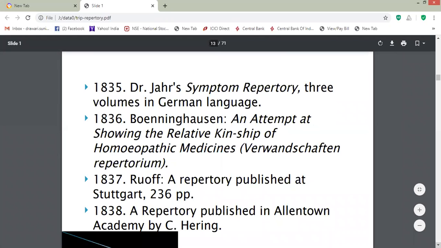In 1836, Boenninghausen's An Attempt at Showing the Relative Kinship of Homeopathic Medicines. Then in 1837, a repertory published at Stuttgart. In 1838, a repertory published in Allentown Academy by Dr. Hering.